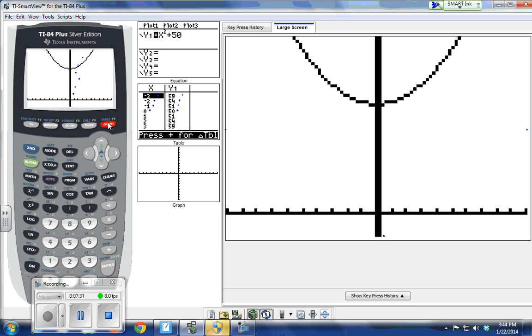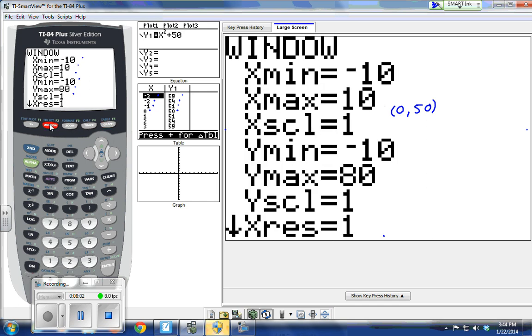This point where our graph crosses the y-axis should be the point where x is 0 and y is 50. But we can't tell whether it is or not because, remember, our tick marks were 1 unit apart. There are so many of them, we tried to squeeze 80 in here, that it just makes a solid thick line. So let's go back to our window and change our y scale.